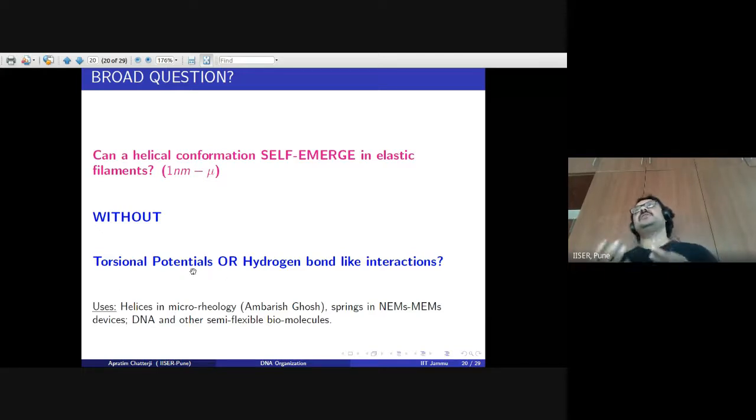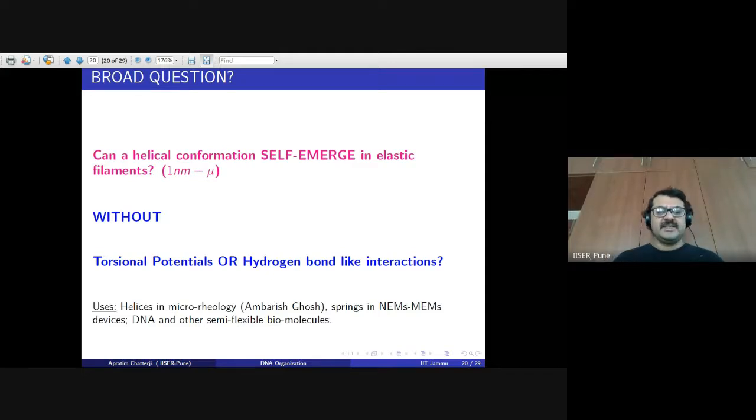See, if you put in a torsional potential between the monomers or in between the elastic filaments, yes, you are forcing them to form helices. But I want to look at helical conformations self-emerging without the use of torsional potentials or hydrogen bond-like interactions, which basically stabilize helices in the DNA or, say, in the protein. Okay, so can it self-emerge using much more generic potentials?